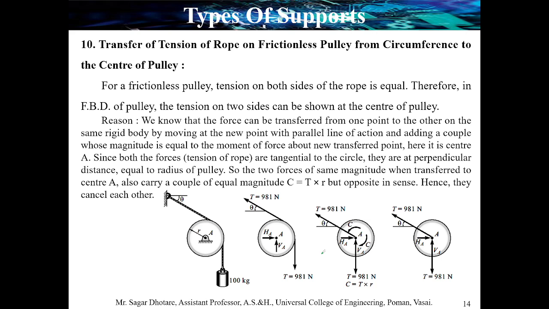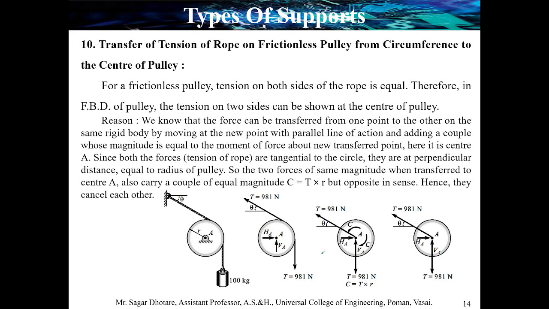The reason is that forces can be transferred from one point to another on a rigid body by moving them to the new point along a parallel line of action, and adding a couple whose magnitude is equal to the moment of the force about the new point.